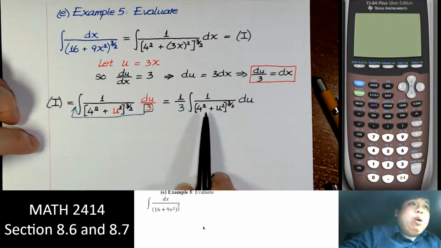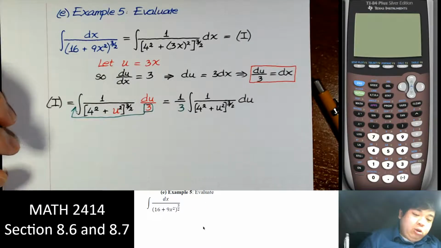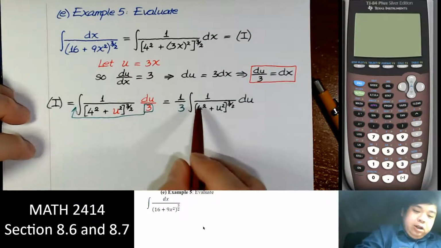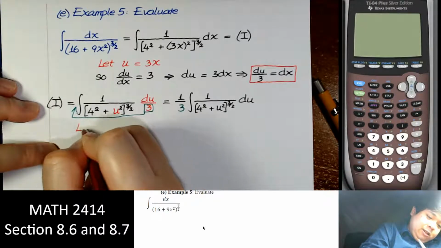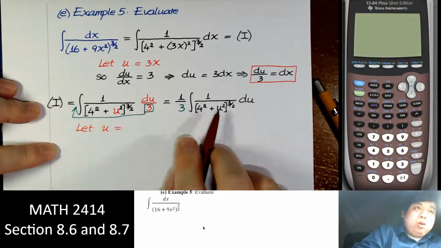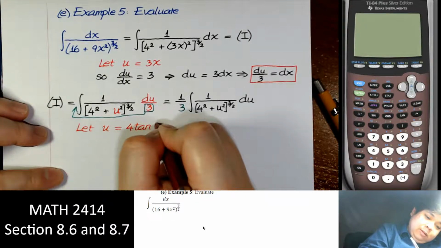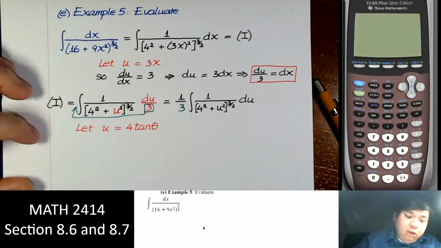Right. Now when we have the sum of 2 squares here, that's when we make a trig substitution. So that will be a tangent, right? U equal to 4 tangent theta. Right.